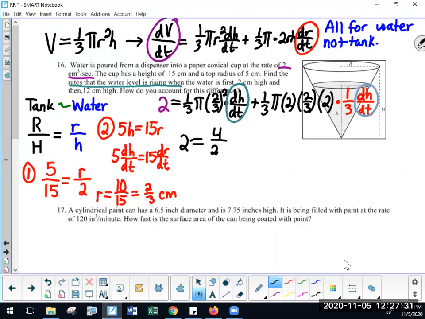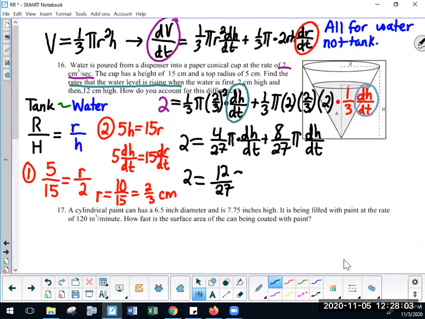That's 4/27 pi times dH/dt, plus 1/3 times 2 is 2/3, so that's 4/9 times 2 times 1/3. 4/9 times 2 is 8/9 times 3 is 8/27 pi dH/dt. So 2 equals 12/27 pi dH/dt.